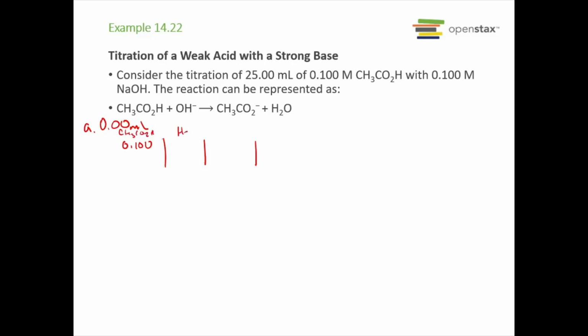CH3CO2H plus H2O giving us CH3CO2 minus plus H3O plus. All right, so approximately 0 hydronium, 0 acetate, plus X, plus X, 0.1 minus X, X, X.